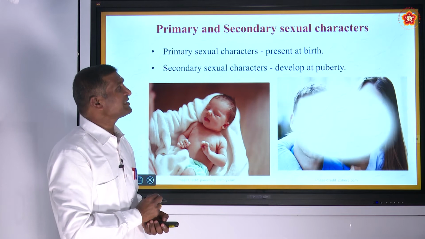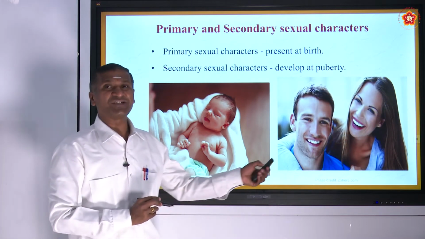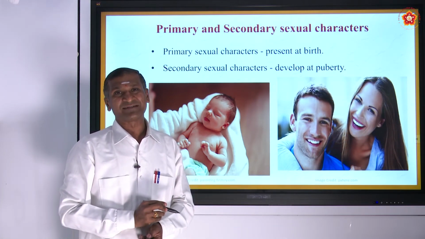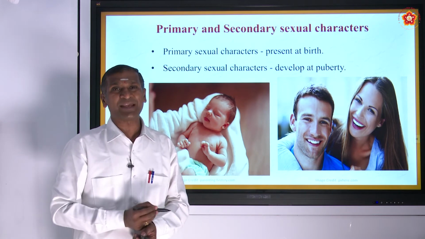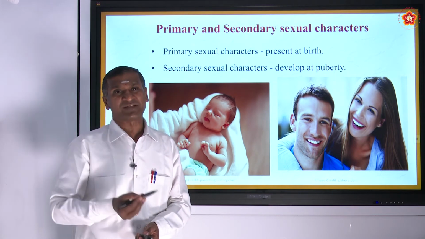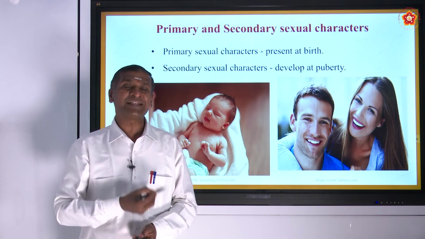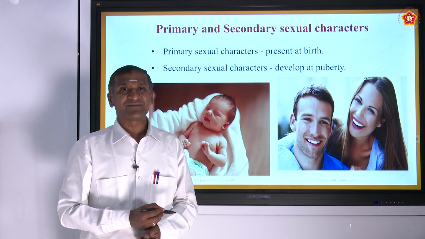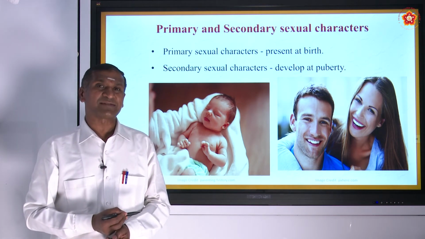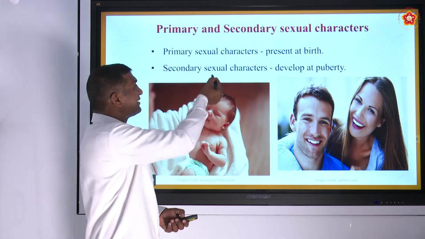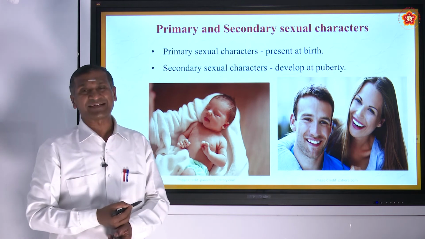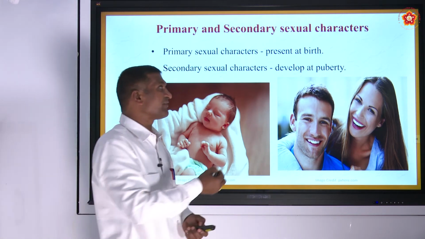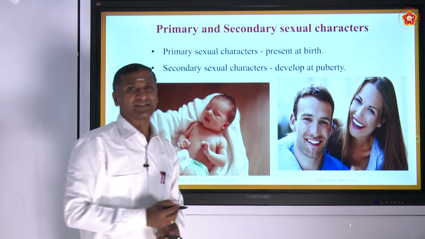The secondary sexual characters develop at puberty. The same baby, as growth takes place internally and externally, undergoes various changes, and those are nothing but the secondary sexual characters developed at puberty.